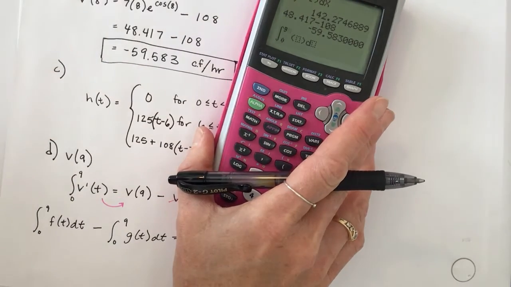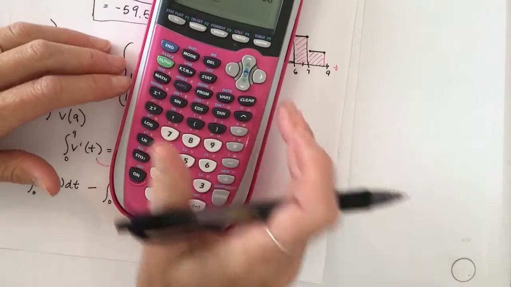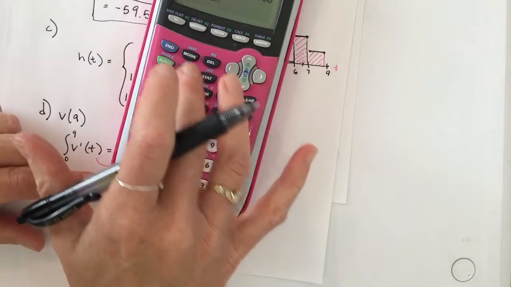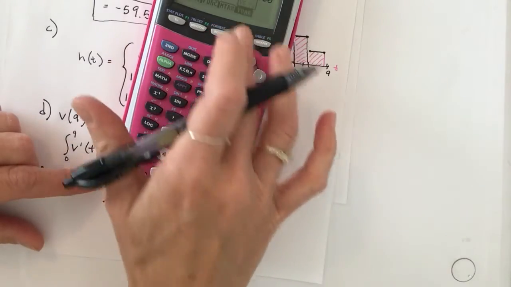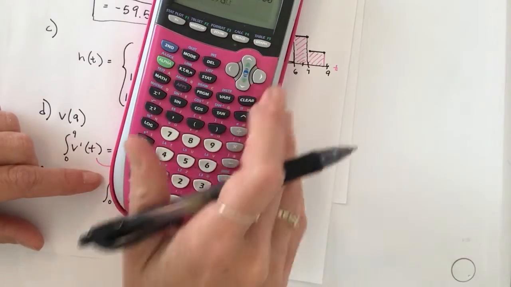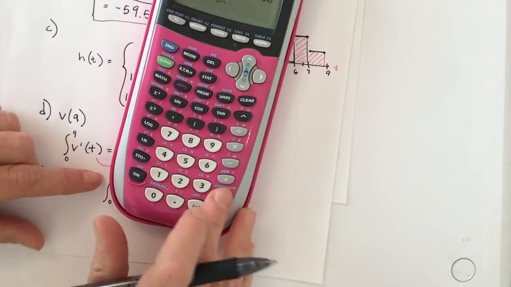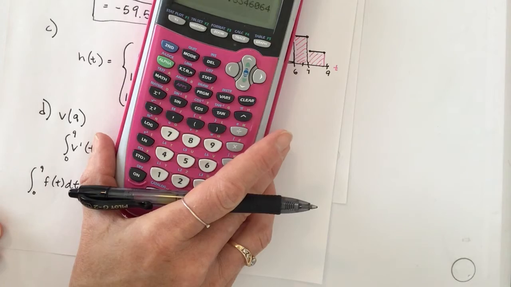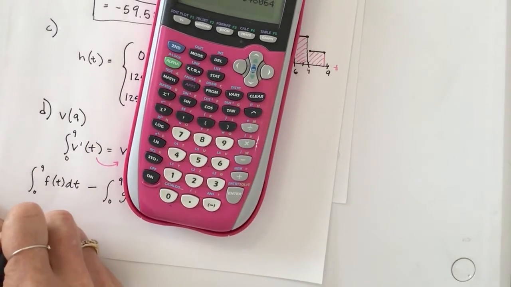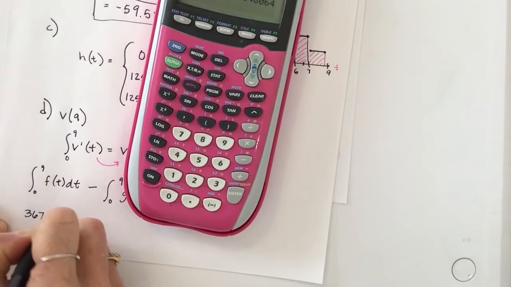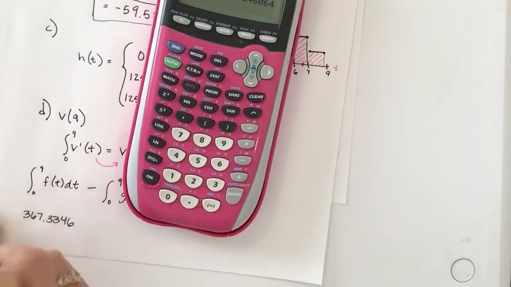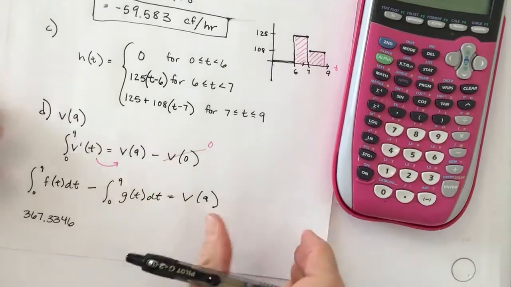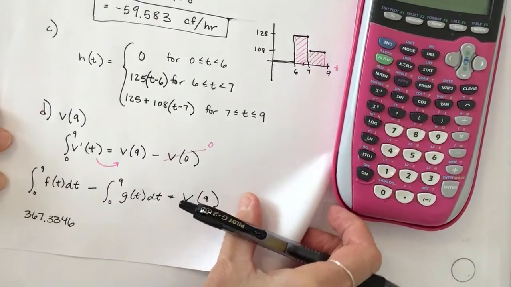Janet's, no, it never stopped snowing. So, okay, it's still snowing at 9 a.m. And then it was a Y2. Okay, so we got 367.3346. That's the amount of snow that fell onto the driveway from 0 to 9 a.m., or from midnight to 9 a.m.